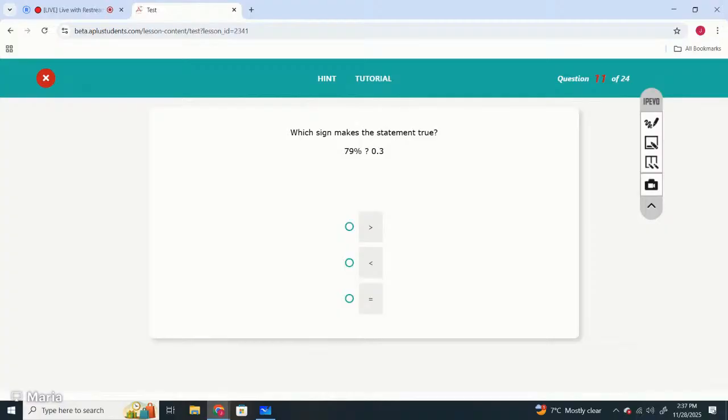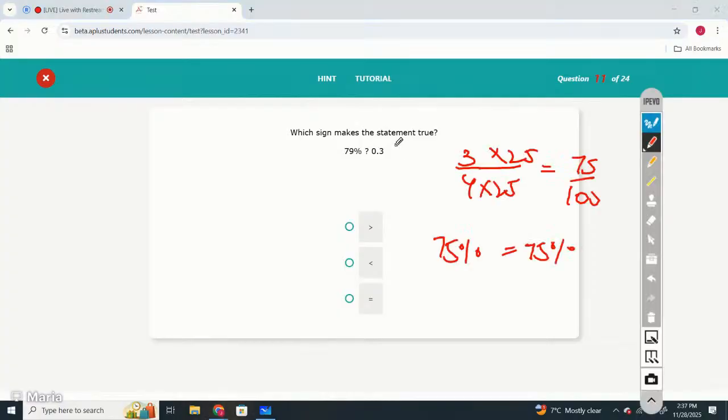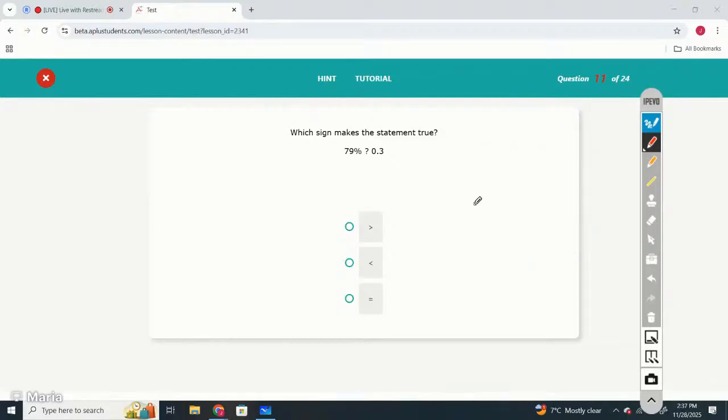Which sign makes the statement true? So 0.3 times 100. 79% and 0.3 times 100 is 30%.